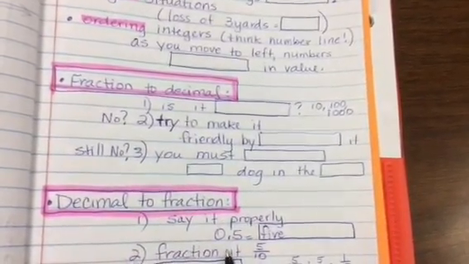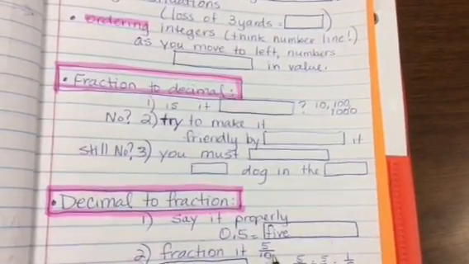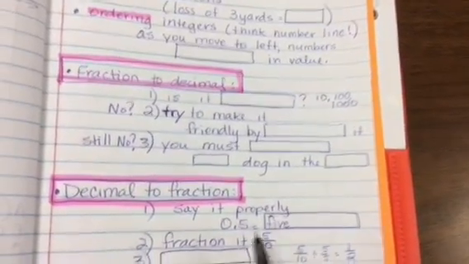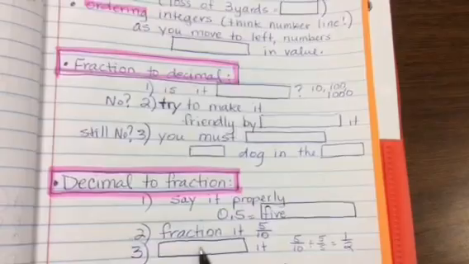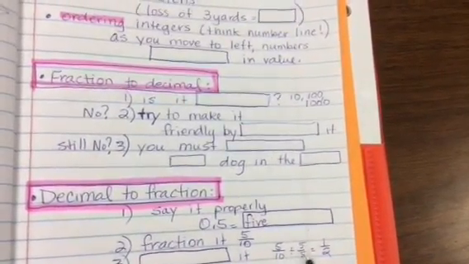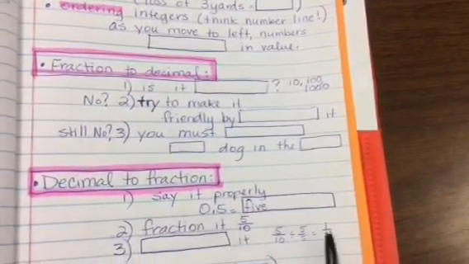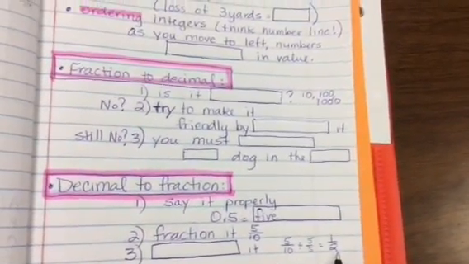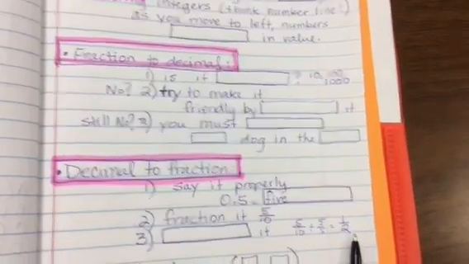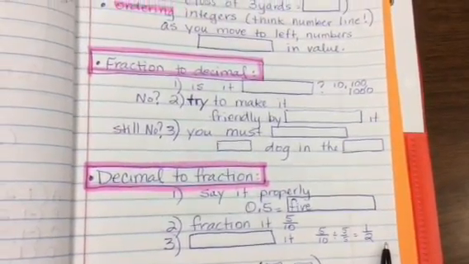Step 2, fraction it. So I said 5/10. I'm going to write 5/10. Step 3, simplify it. 5/10 can be simplified down to 1/2. So 5/10 is the same thing as 1/2. We've had a couple of homeworks and 1 quiz over this, but it is on the chapter test.